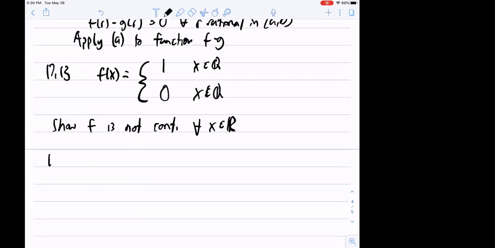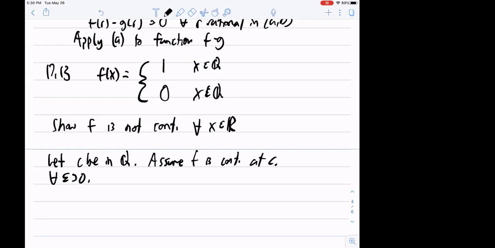So let C be in Q and assume F is continuous at C. Then for all epsilon bigger than 0, there exists delta bigger than 0 such that if |X minus C| is less than delta, what is F of X?